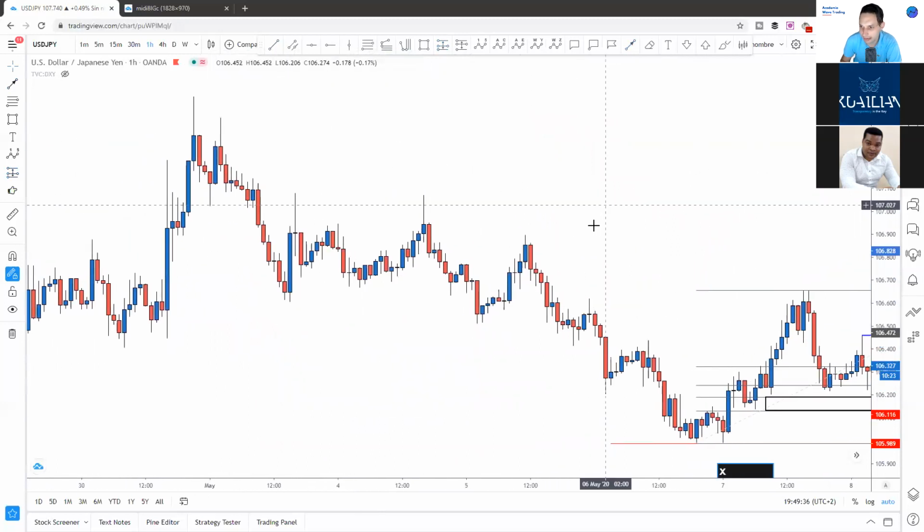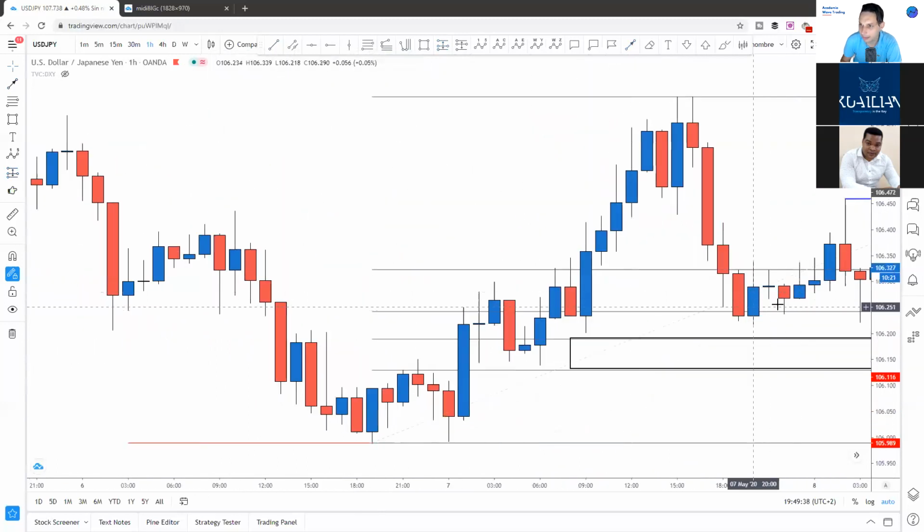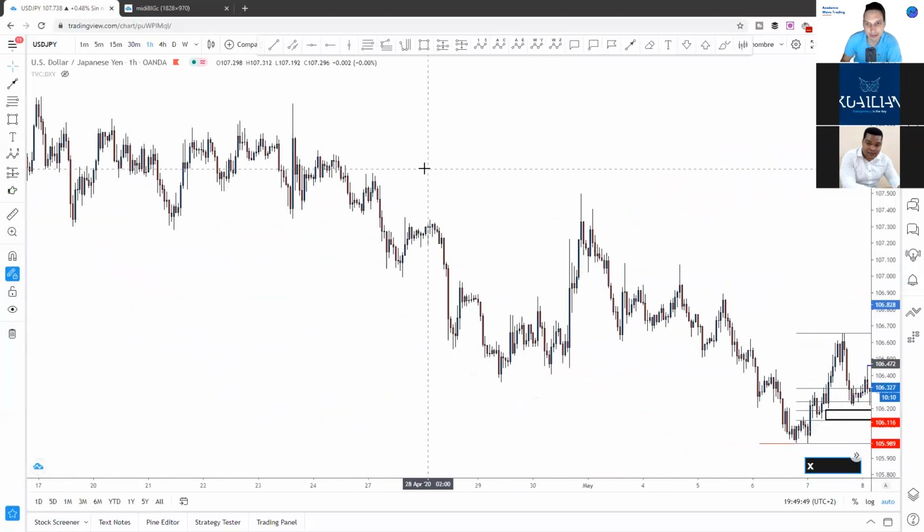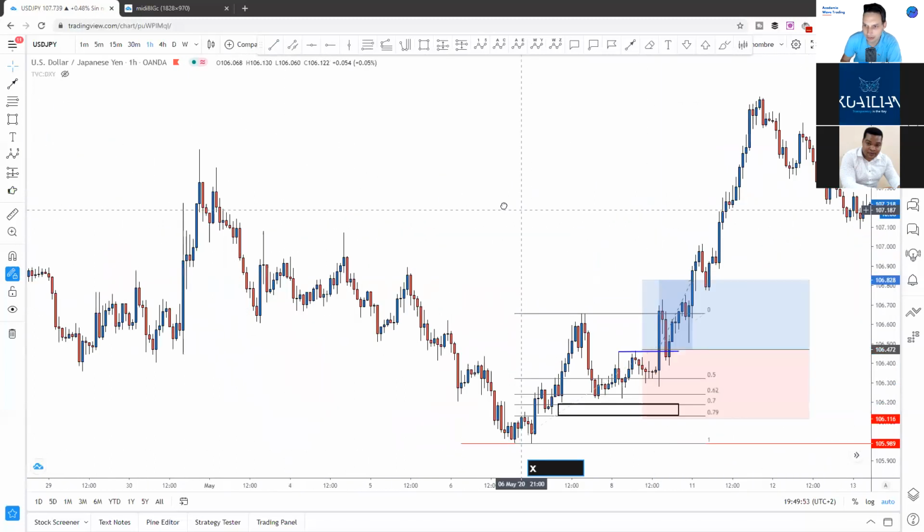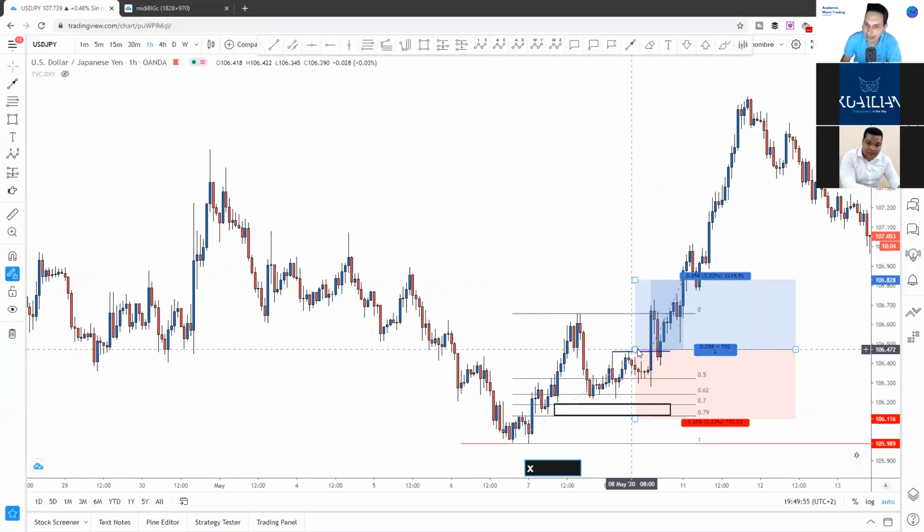You see it? The market starts going up. You place the buy stop above here, only above here. Okay, because it's a downtrend. You see it? It's a downtrend. We don't know if the market will continue down. Okay? Then only above the price, and then you can have it.